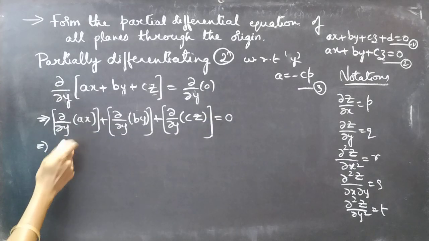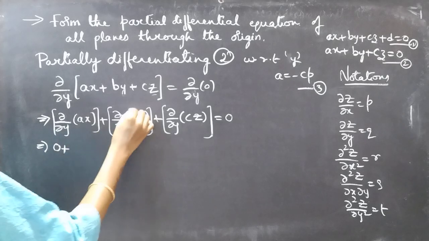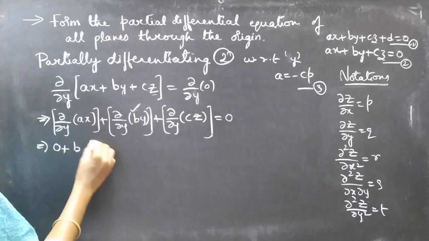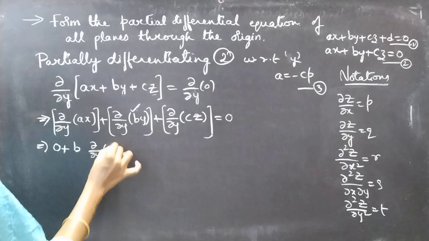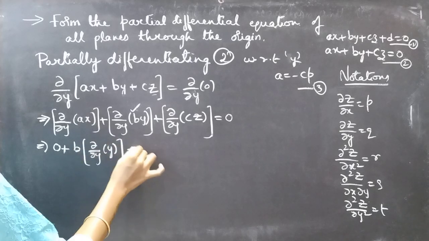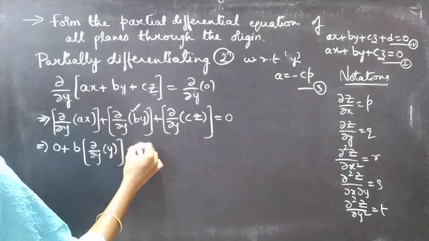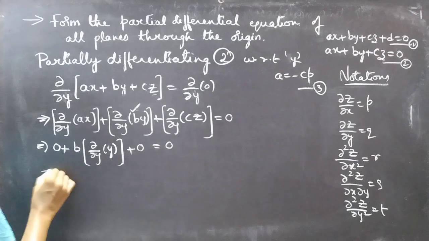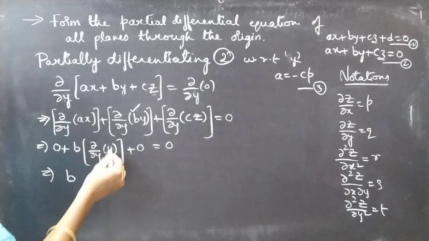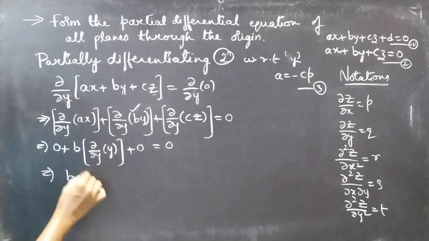Here we can write it as constant b into dou by dou y of y, which gives us b into the partial derivative of y with respect to y, which is 1.